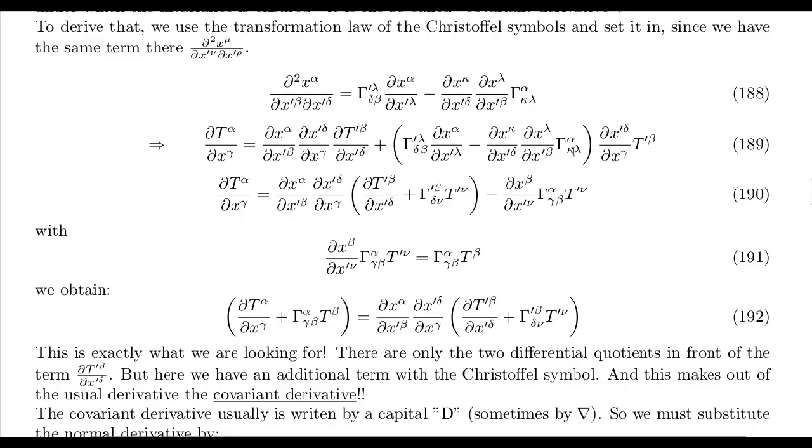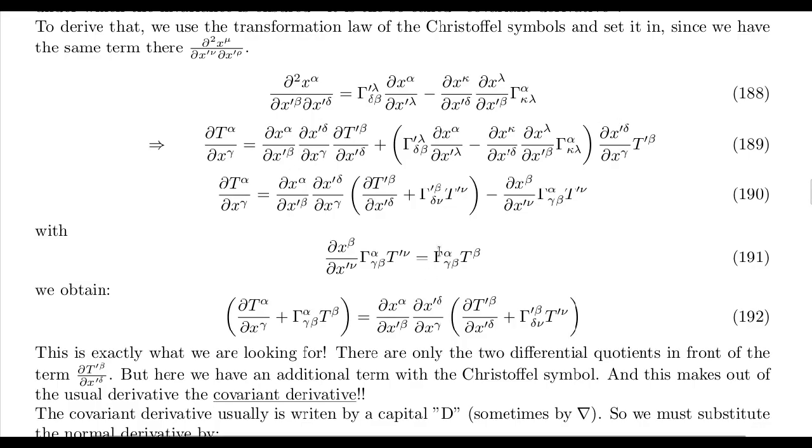Then we have this expression here, 189. And now we solve the parenthesis here and set another parenthesis. Here we have the first term, two differential quotients, and the derivative of the tensor T. And we have the same if we take here in the second part here the T, here it's a differential quotient, the same like here.